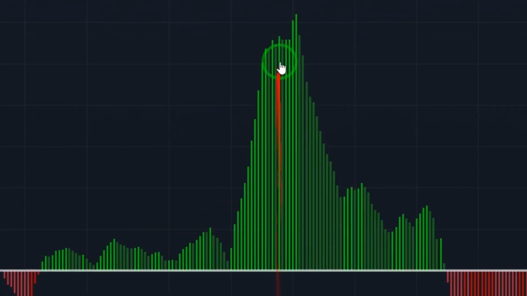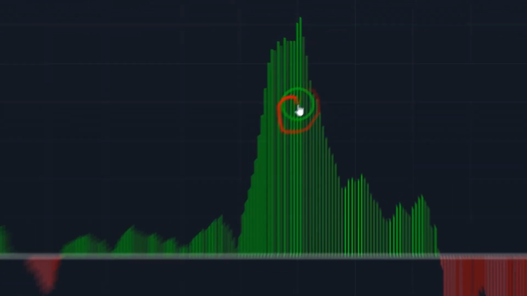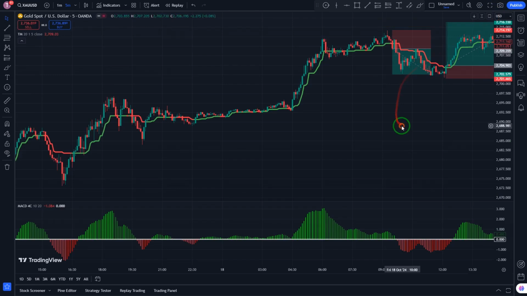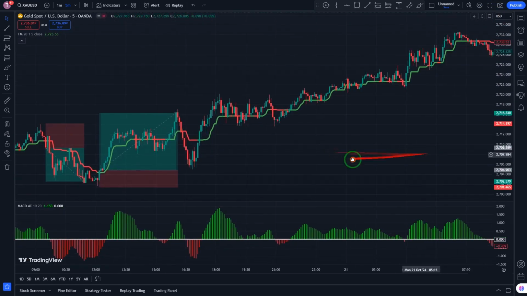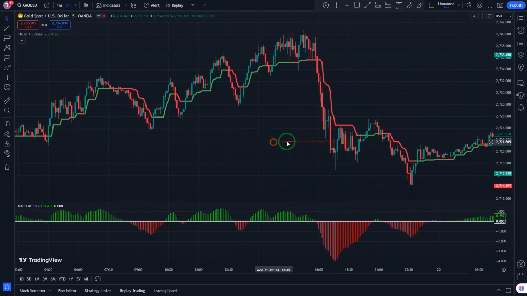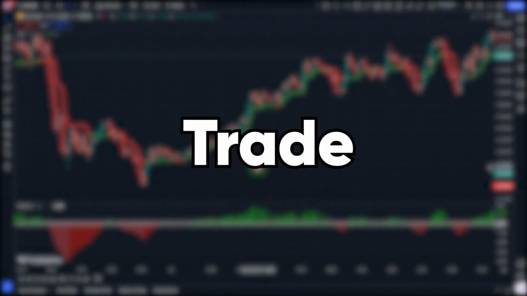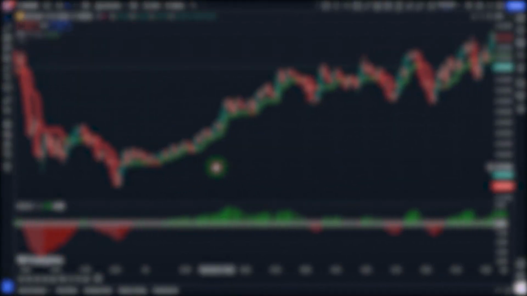Remember that the taller the columns of this histogram are, the stronger our trend is, and we can trust the generated signals more. Now we have learned how to use each indicator, but we still don't know how to enter a trade. So I need to explain the next step to you.